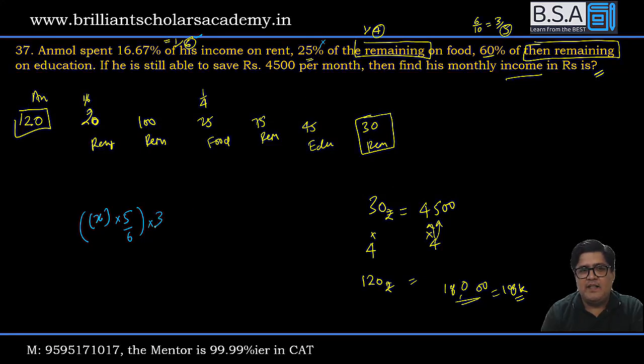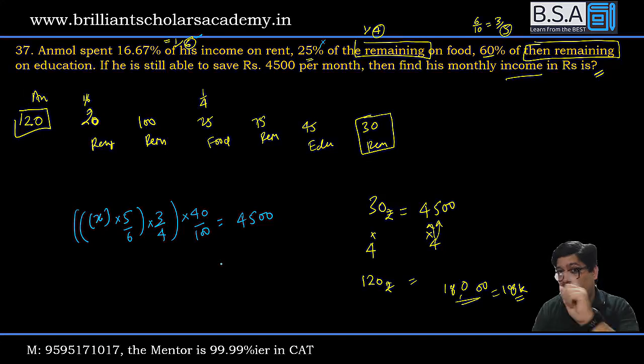So remaining is 3 by 4. 60% is gone. So remaining must be 40%. That is equal to 4500. Absolutely it works.